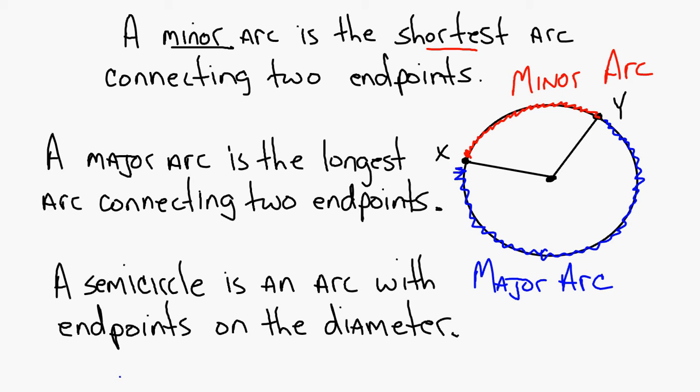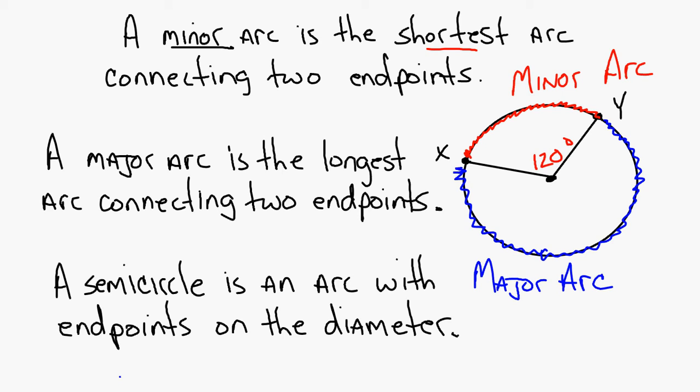Now if you look in the measure column of that table on the top of page 707, the measure of a minor arc is less than 180 and equal to the measure of its related central angle. So look, if you see this minor arc, arc XY, and this angle in here is 120 degrees, the measure of this angle is the same as this arc.